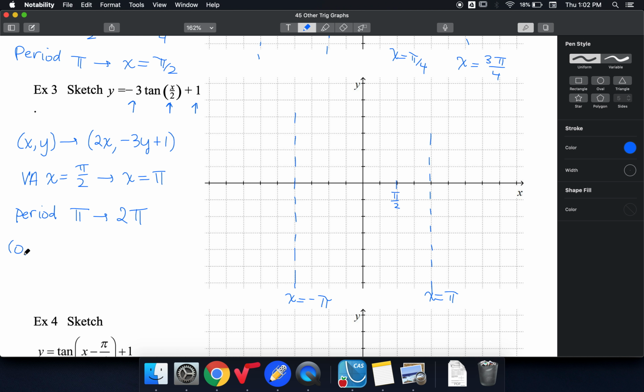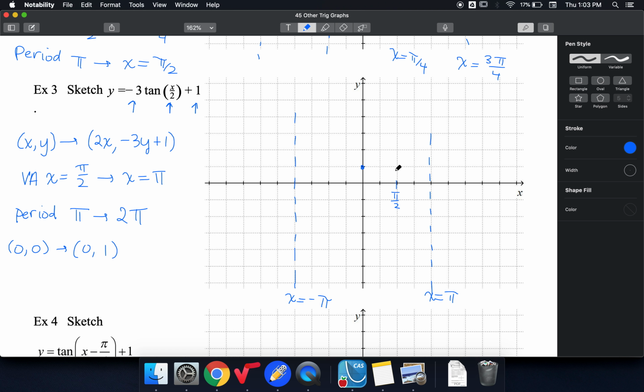My normal point 0, 0 stays 0, but now becomes 1. So 0, 1. But now I've reflected and tripled. So instead of going a quarter of the way and up 1, I'm going to go a quarter of the way and triple that value. So I'm going to go down to negative 3.